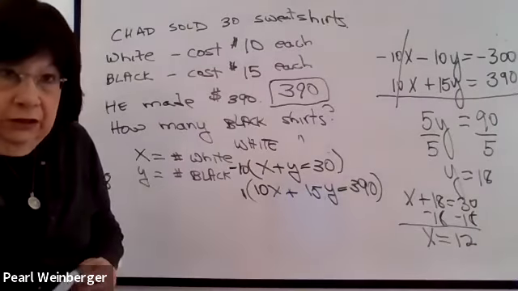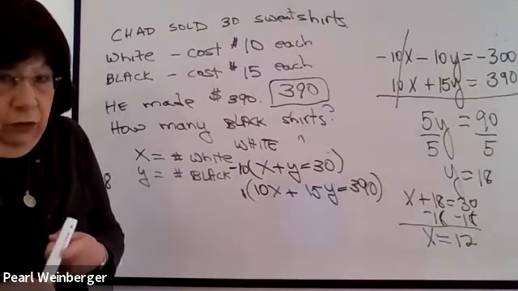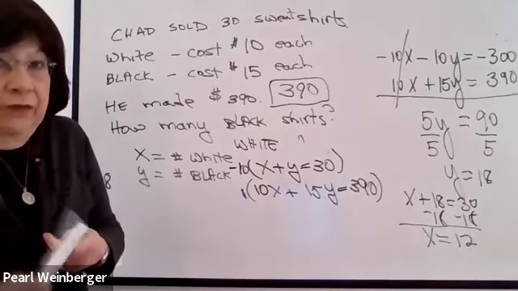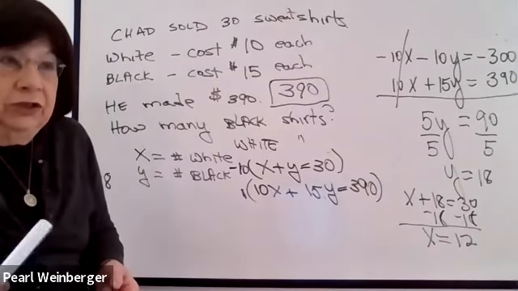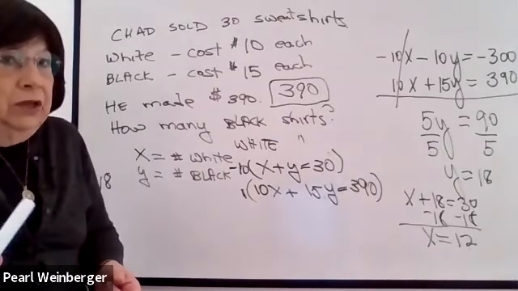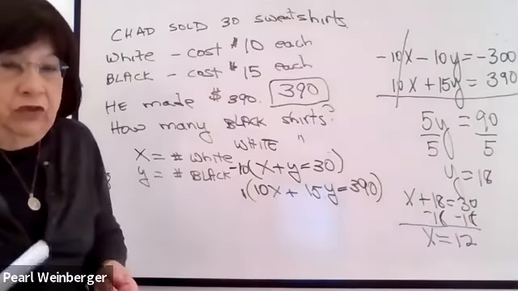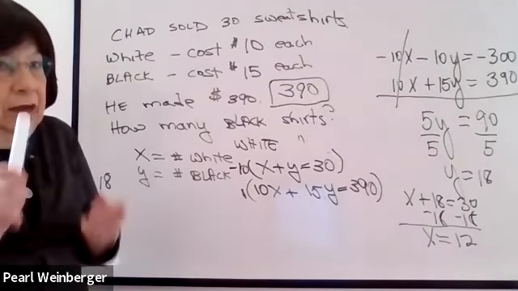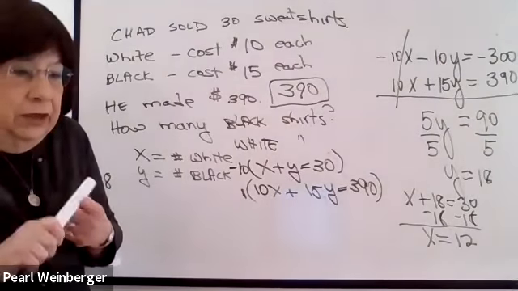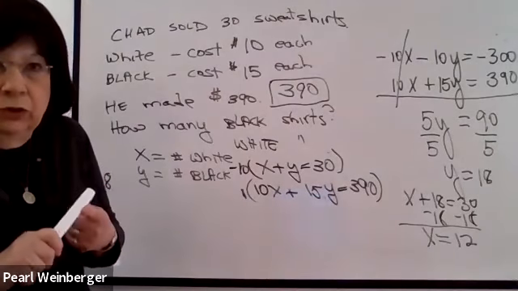Math 136. We've done solving equations and inequalities. You have to know how to solve equations even if they have decimals in them. And we haven't done anything with fractions. Before we get to the midterm, I'm going to work with fractions as well. But right now we've done linear equations, solving equations with whole numbers and with decimals.